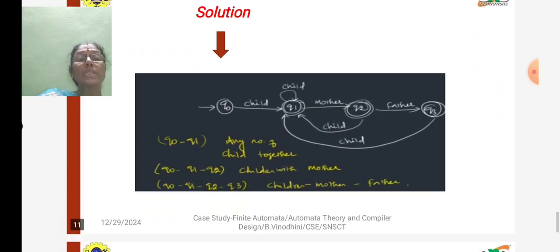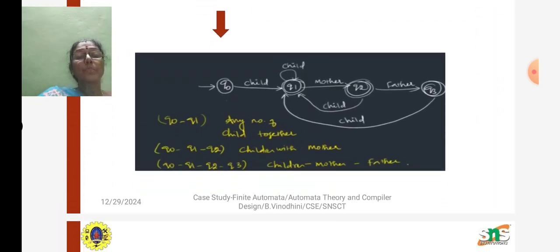So the solution for the above problem is that we have 4 states: Q0, Q1, Q2 and Q3. From Q0 to Q1, there is a pattern like a child followed by any number of children, or child and mother, which can be repeated any number of times, and child, mother and father.